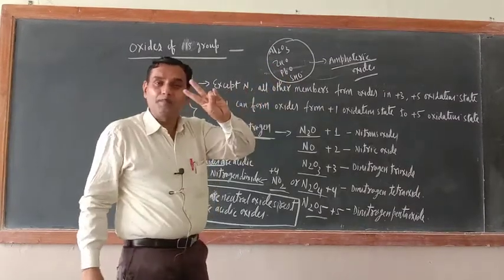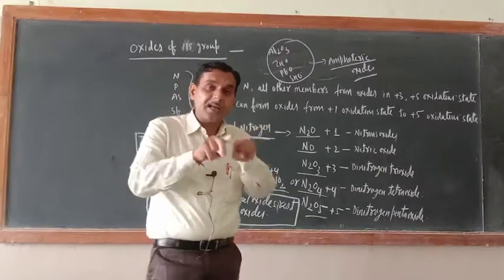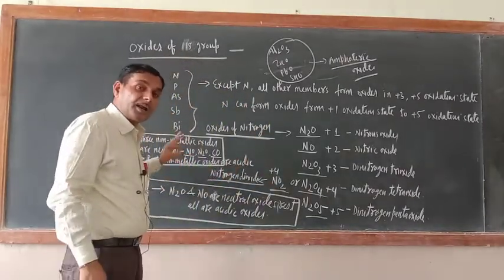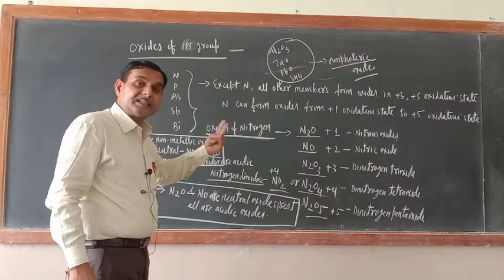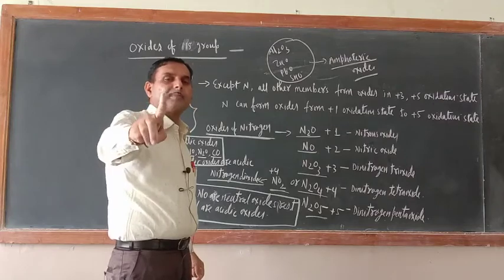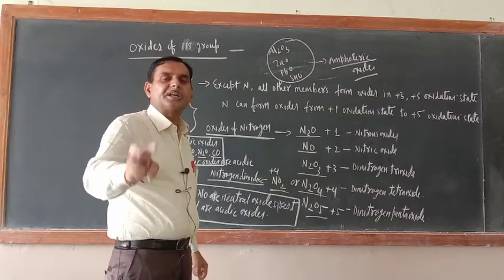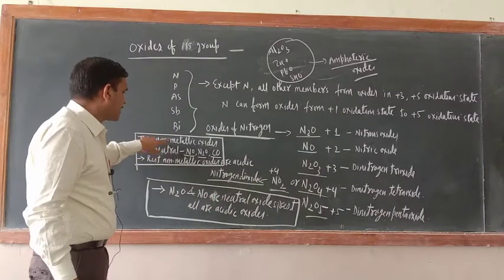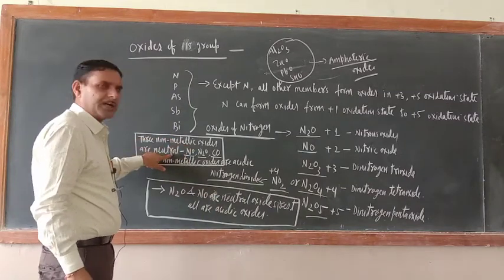These are amphoteric oxides. Similarly, all non-metallic oxides are acidic in nature except 3 oxides. What are those oxides? 3 non-metallic oxides are neutral in nature.